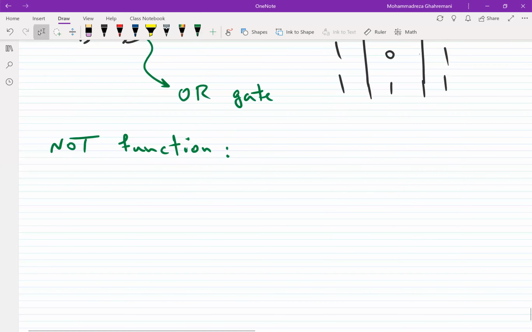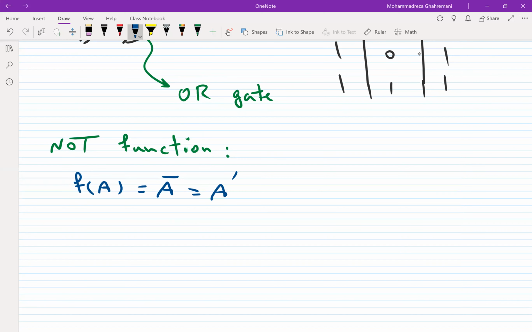NOT function, we show the NOT function in this way: f of a is equal to a bar or a prime. The prime and bar both have the same meaning. It means a complement, okay?